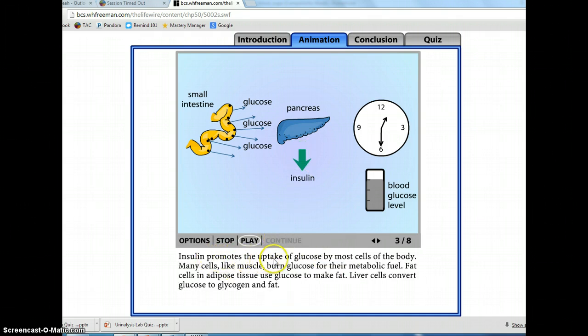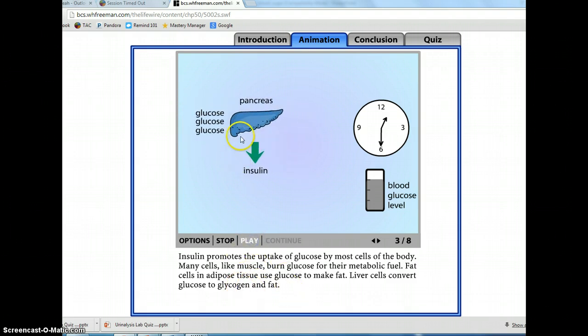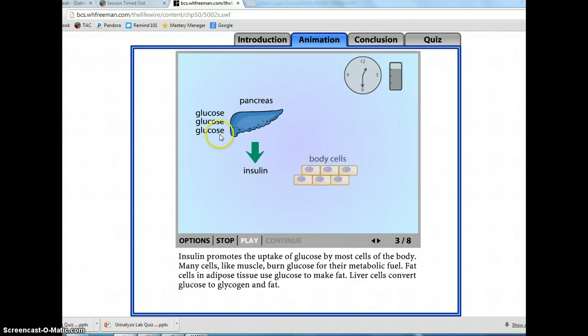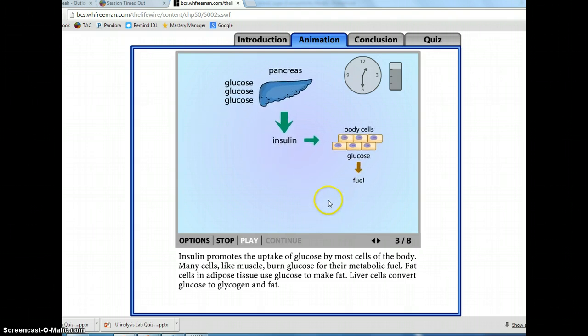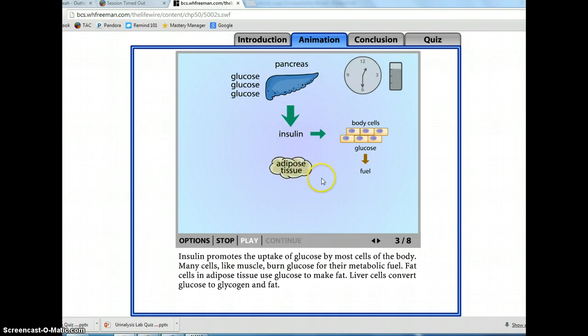Insulin promotes the uptake of glucose by most cells of the body. Many cells, like muscle, burn glucose for their metabolic fuel. Fat cells in the adipose tissue use glucose to make fat. Liver cells convert glucose to glycogen and fat. So here, insulin was released, so now body cells get the signal to take up glucose, which can be used as fuel for cellular respiration or metabolic purposes.